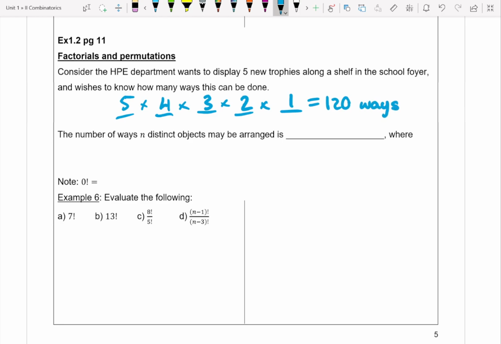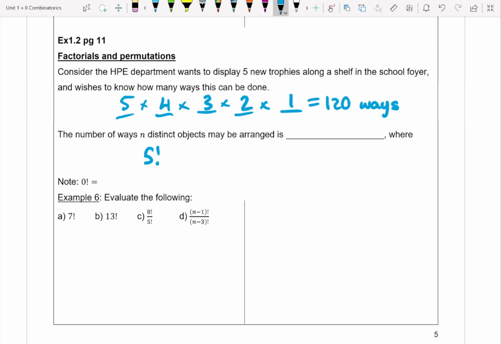Because we do this so often in combinatorics, reducing the number by 1 as we multiply it, mathematicians are a tiny bit lazy, and we like to have notation for stuff that we commonly use. So instead of writing out 5 times 4 times 3 times 2 times 1 every single time, we yell the number: 5 factorial. It's an exclamation point, and all it means is take the number, multiply it by one number less until you get down to 1.